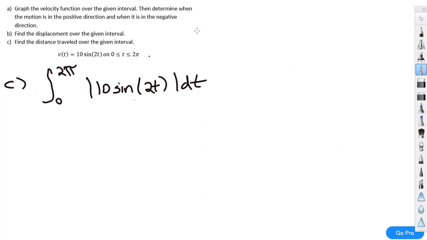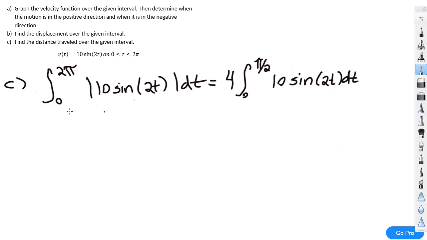So this is going to be the same thing as taking 4 of those areas from 0 to pi over 2 of 10 sine of 2t dt. So let's go ahead and evaluate that. Again, I'm going to use u substitution.